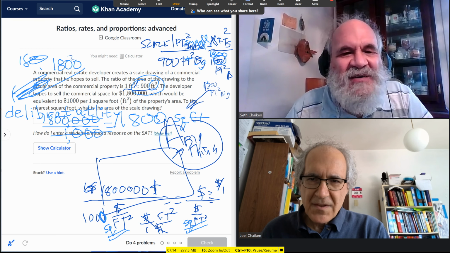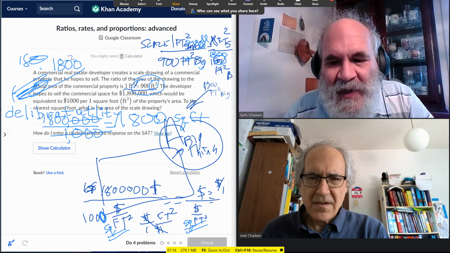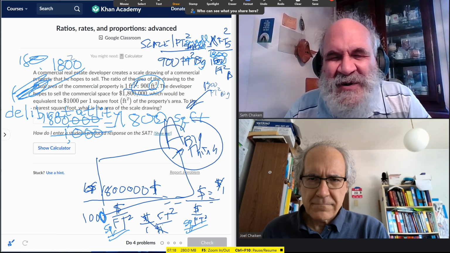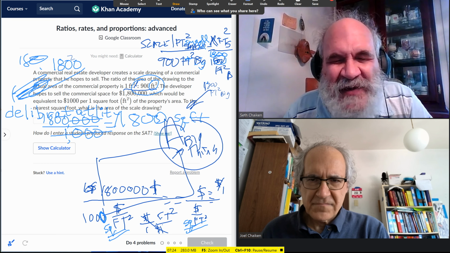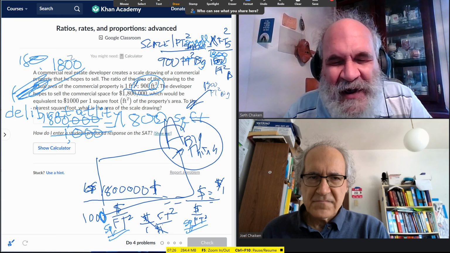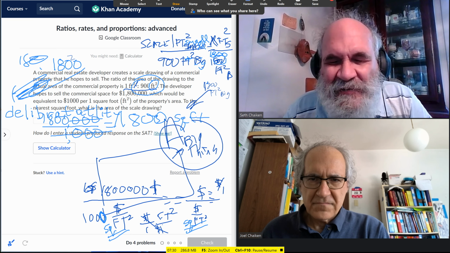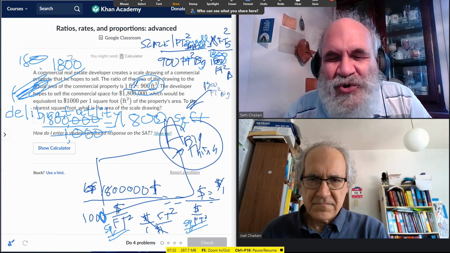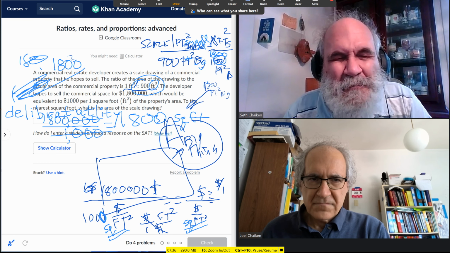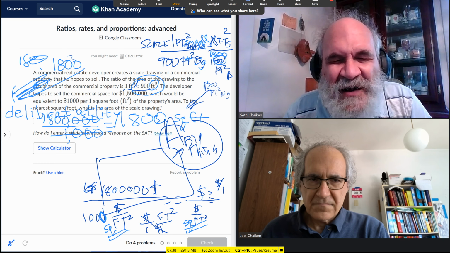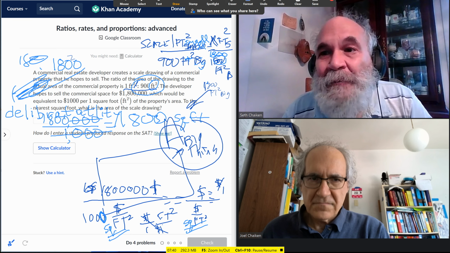Yeah, so it really didn't matter that the 1800 and the 900 were square feet and square. Yes, they were units. They were all units, and there's a conversion of one small unit to 900 big units.